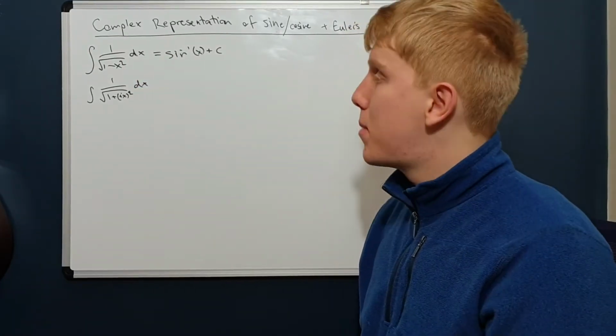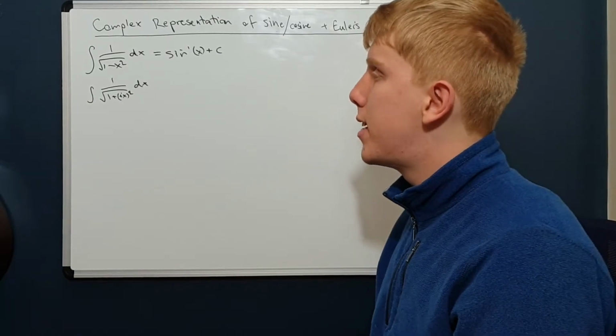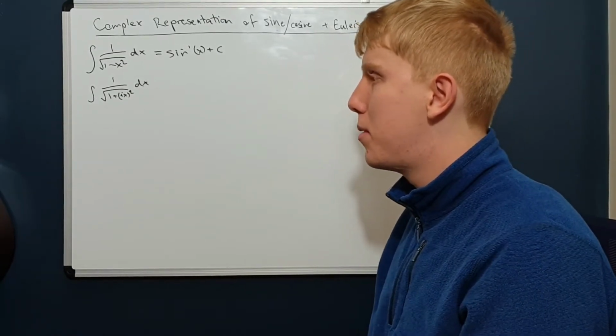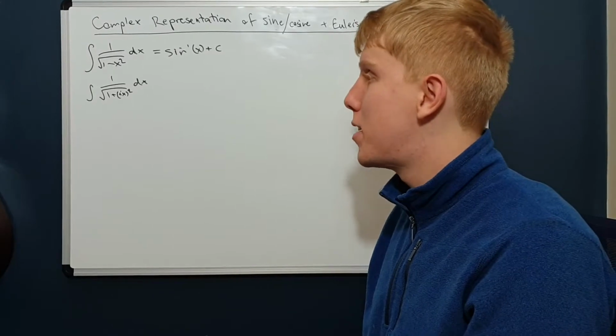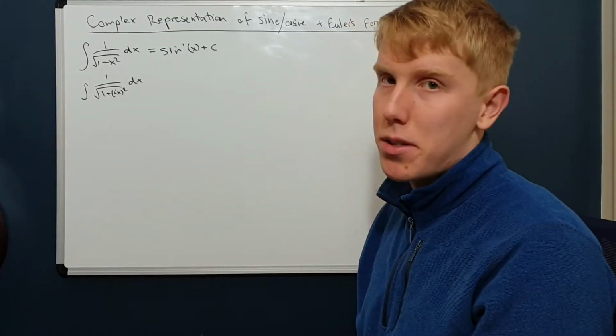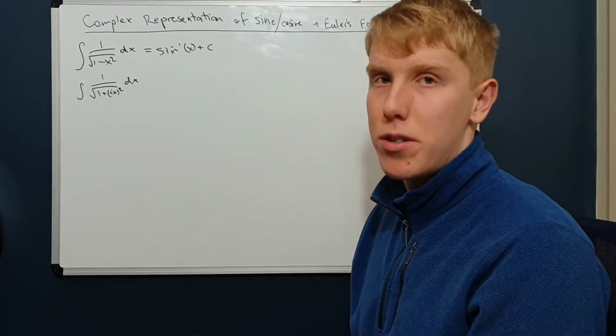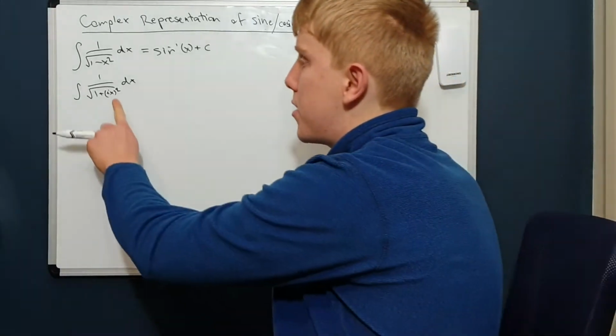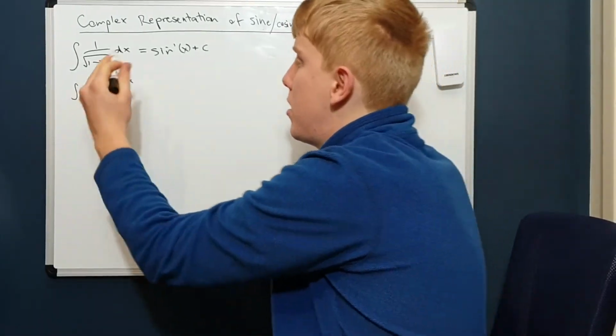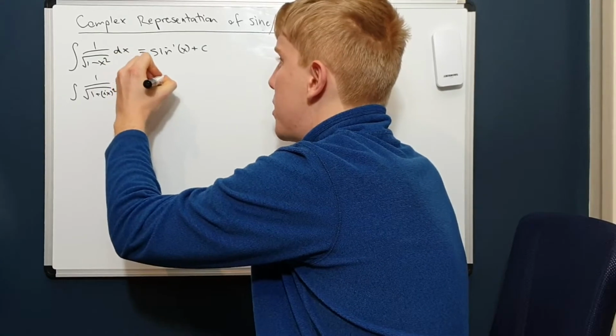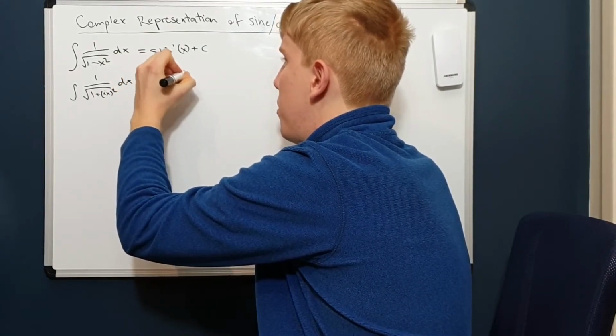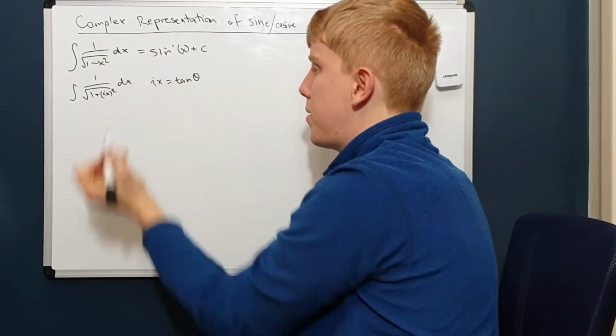Okay, next let's make our substitution. Now if you're familiar with your trigonometric identities, you would know that 1 plus tangent squared is equal to secant squared. So let's let this ix here be equal to tangent of some new variable, let's say theta.